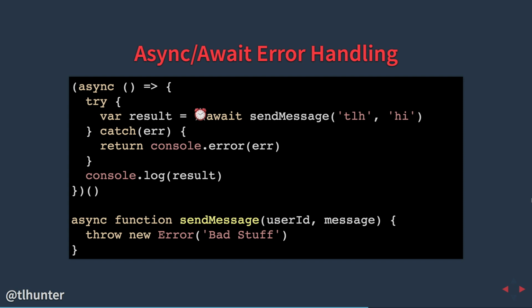If you throw an error within a callback function, bad things will happen. However, with async and await, we're able to throw these errors, properly catch them, and continue on merrily. So in this case, it works exactly as you'd expect. The error is caught, we log it through console.error, and since we return, we don't log the result to console.log.